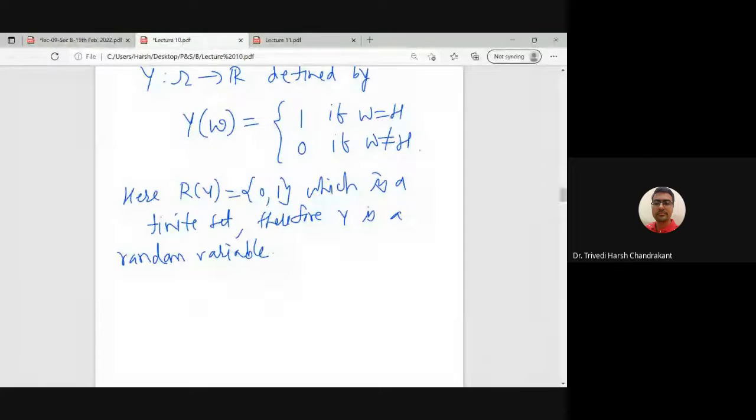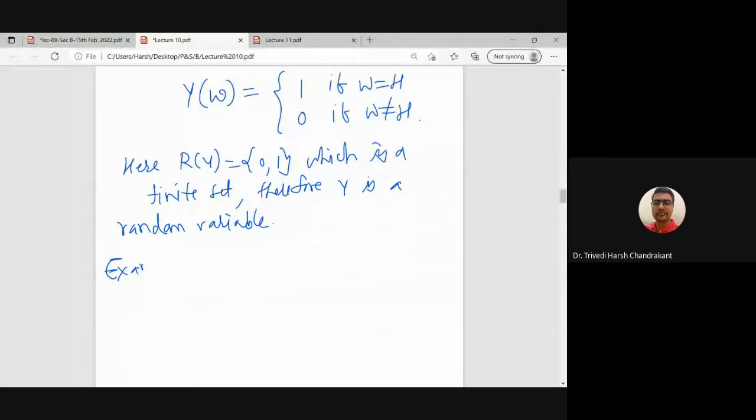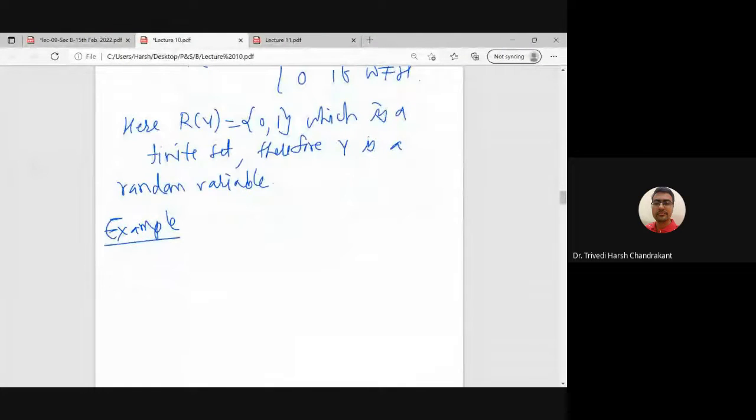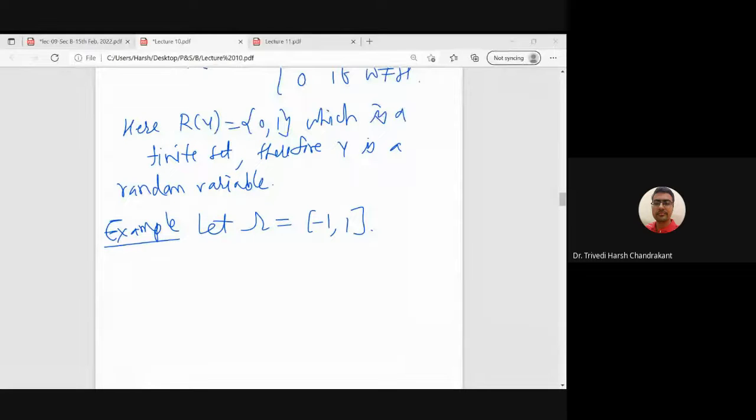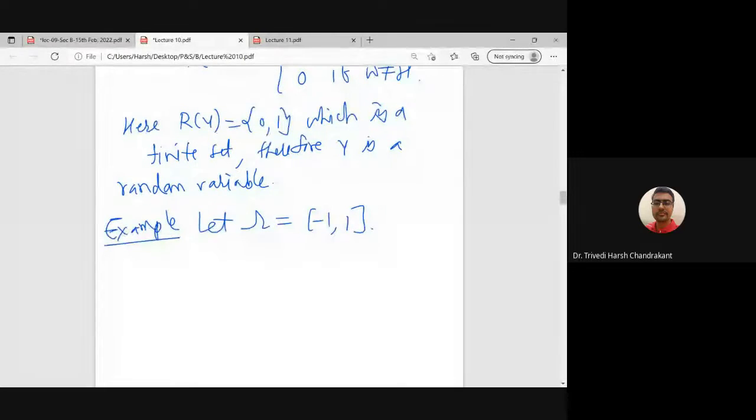In the same way, we can also define a random variable which is discrete on an uncountable sample space. For example, what I mentioned earlier, the sine function. Let omega be an uncountable set, let us say the interval -1 to 1. Any interval we can take, but since we are considering sine, we take an interval involving negative points also. Taking this uncountable sample space, we define the sine function.